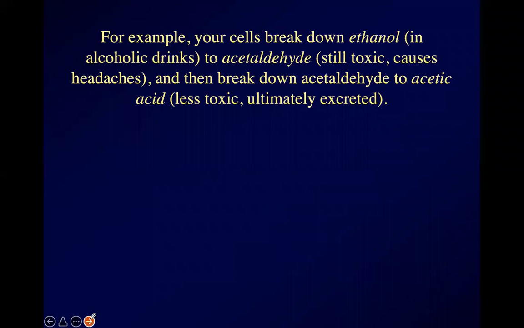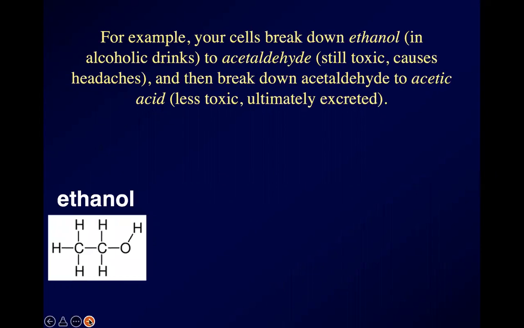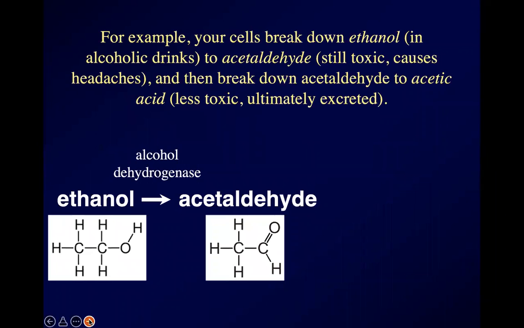And if we diagram it like this, that's what ethanol looks like. That's the ingredient in alcoholic beverages. And an enzyme, alcohol dehydrogenase, first converts ethanol to acetaldehyde, which looks like that. And acetaldehyde is still not really good for you.